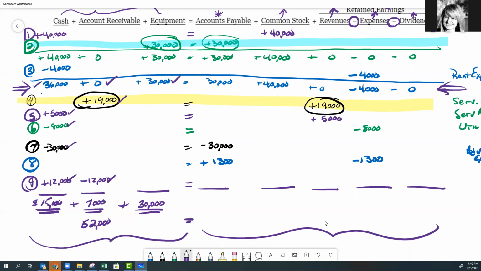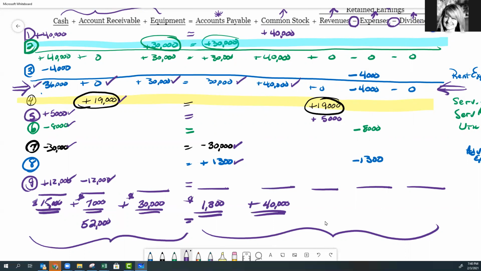So let's take a look at our accounts payable. We have a balance of 30,000. We subtracted 30,000 and we added 1,300. And so we have a balance here of 1,300. I'm going to put dollar signs here because these are our totals. And our common stock, we had 40,000. That was our only transaction. So we have 40,000 in common stock.